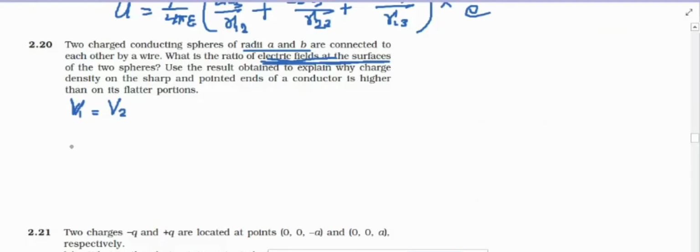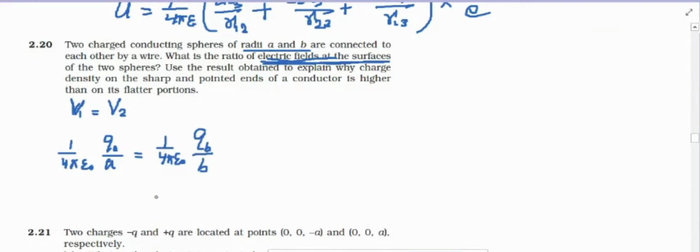V1 equal to V2 means 1 by 4 pi epsilon naught QA divided by A is equal to 1 by 4 pi epsilon naught QB divided by B.